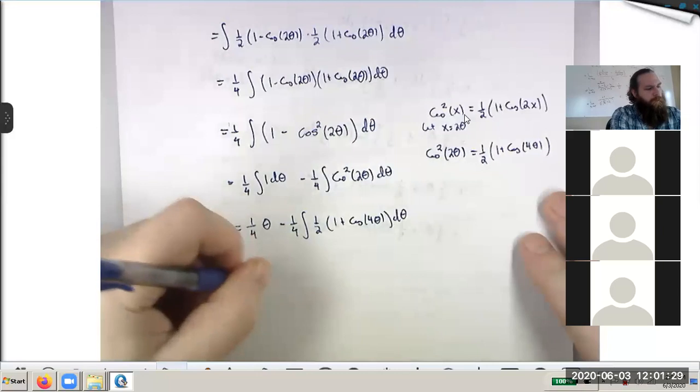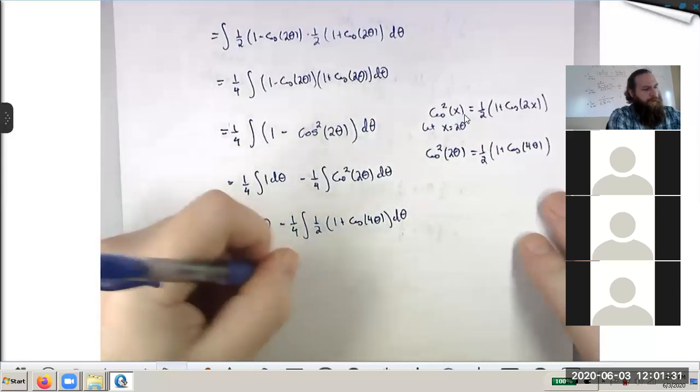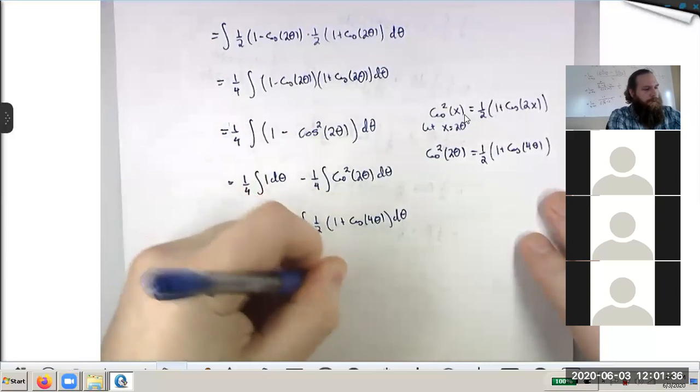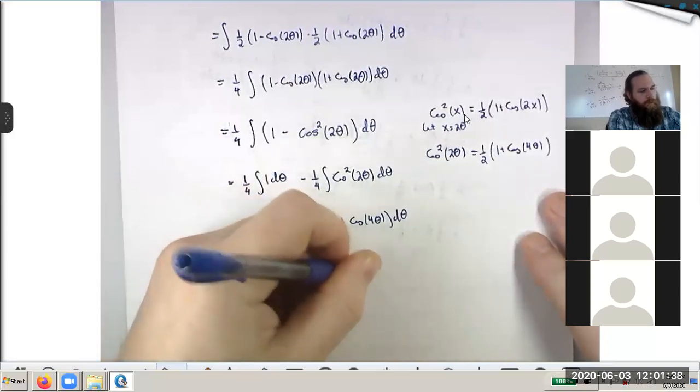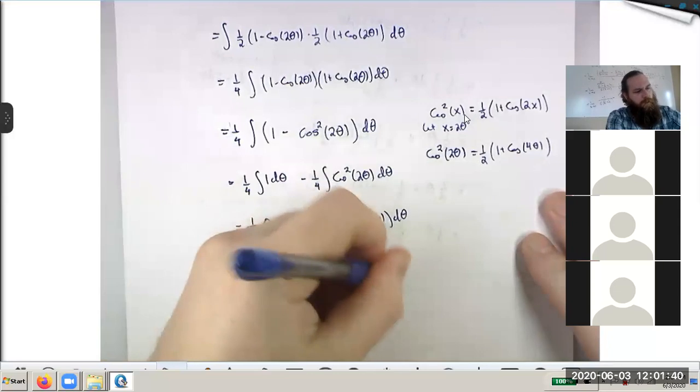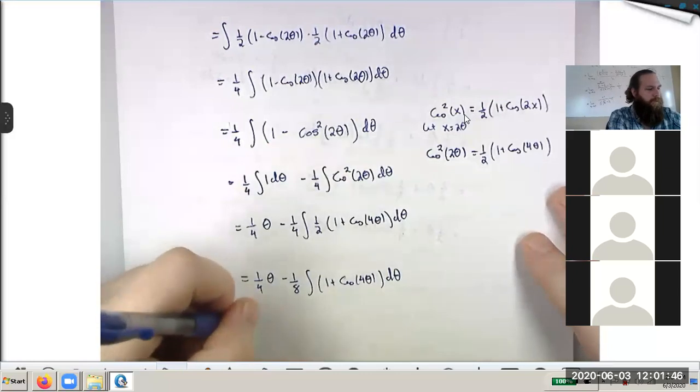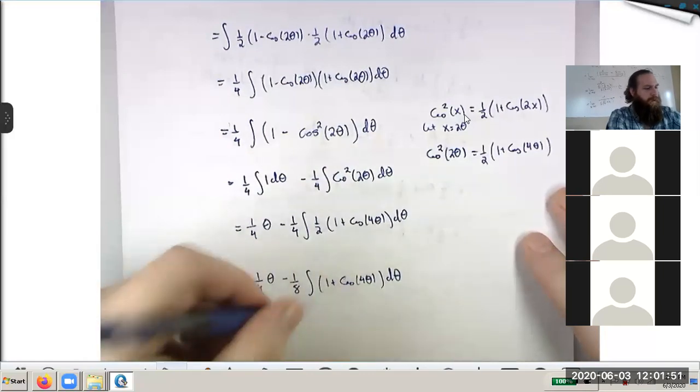So this will be 1/4 theta minus 1/8 integral 1 plus cos 4 theta d theta. And I don't like to write out the tiny little u sub that you do for the cos 4 theta. I find it much nicer to just do those in my head.